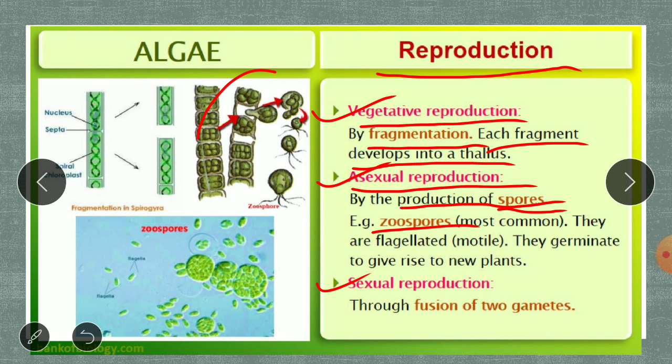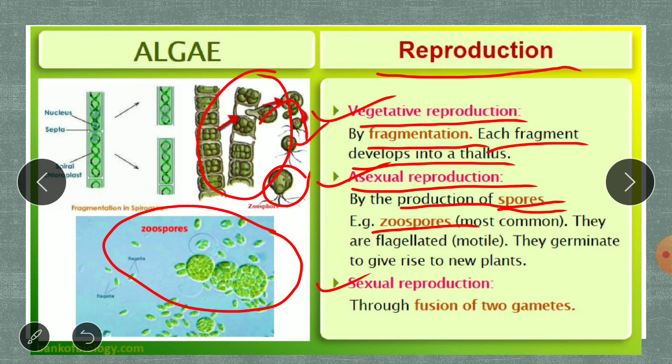You can observe here, in a single plant itself, the spores are released. Small seed-like things are released without fertilization. Without the male and female gametes coming together, the spores are released. You can see in this diagram, this is also sporulation.